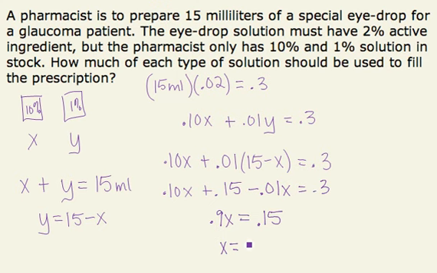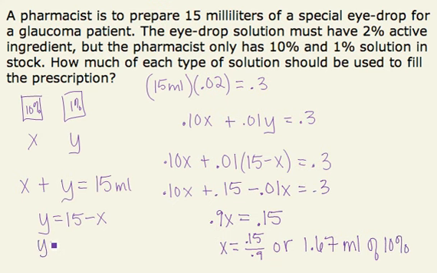Thus, x equals 0.15 divided by 0.9, or approximately 1.67 milliliters. Looking back, I realize my X is 10%, so this is about 1.67 milliliters of 10% solution.